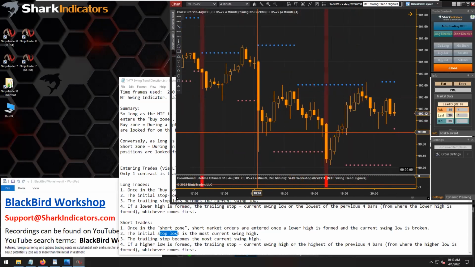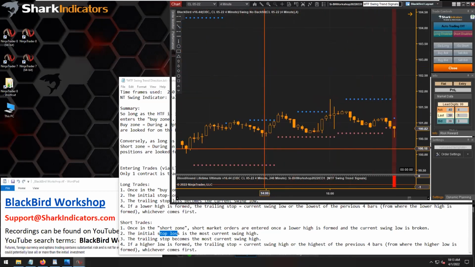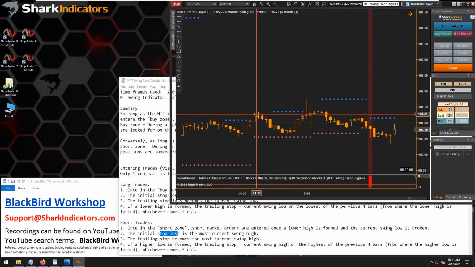So for example, since we're on the subject of short signals, let's say that a short signal occurred somewhere in here, right? Well, there is no swing high plot. The swing high plot stops right here on this bar.